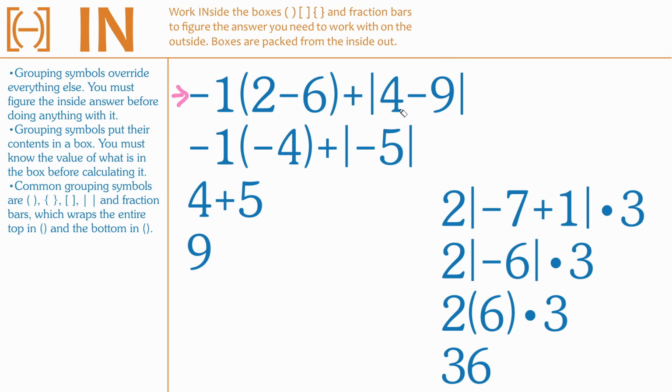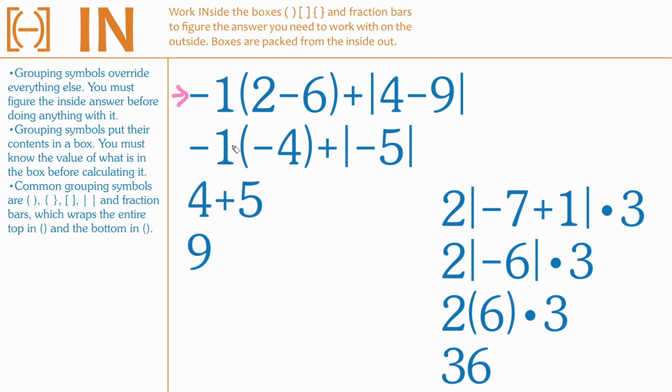Now, one thing on absolute value, it makes the answer absolute value. It doesn't make each part of the problem absolute value. Wait until you get the final answer inside, and then you figure absolute value. So this should not become 4 plus 9. 4 minus 9 is -5. I still have my absolute value.